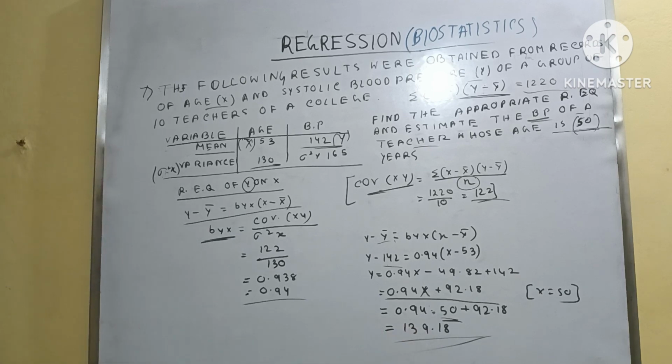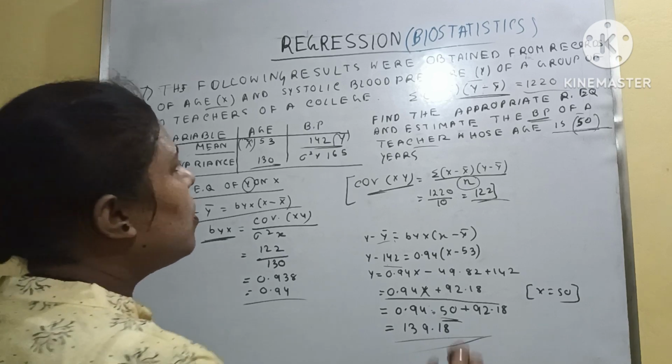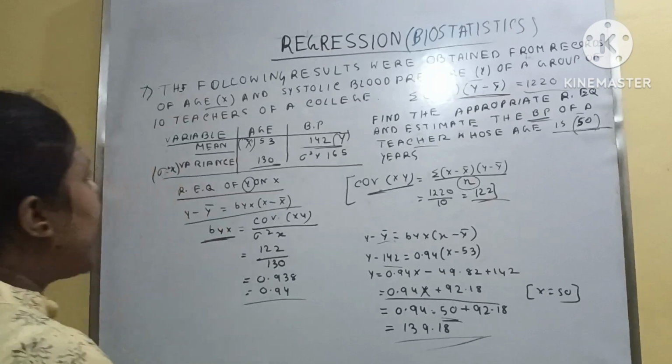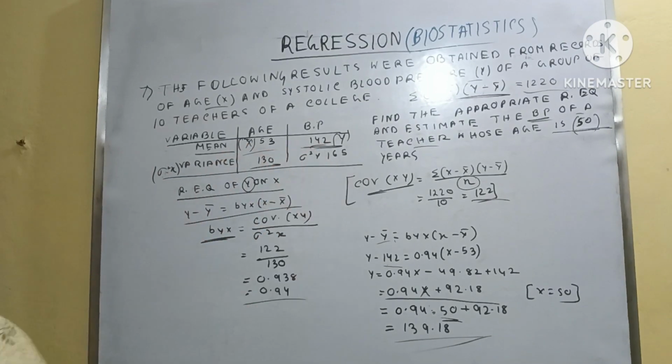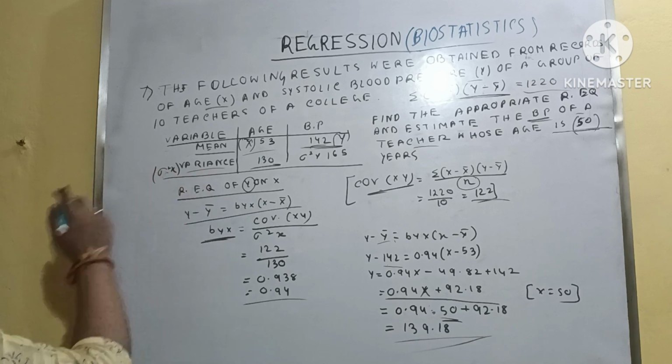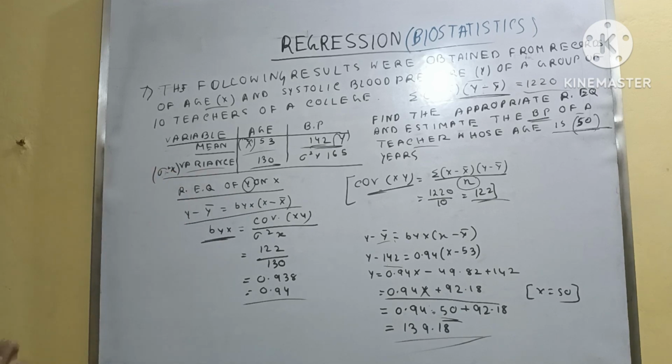So this is the process by which we calculate this value. Here only the mean of each variable and the variances, that is sigma square x and sigma square y, are given.